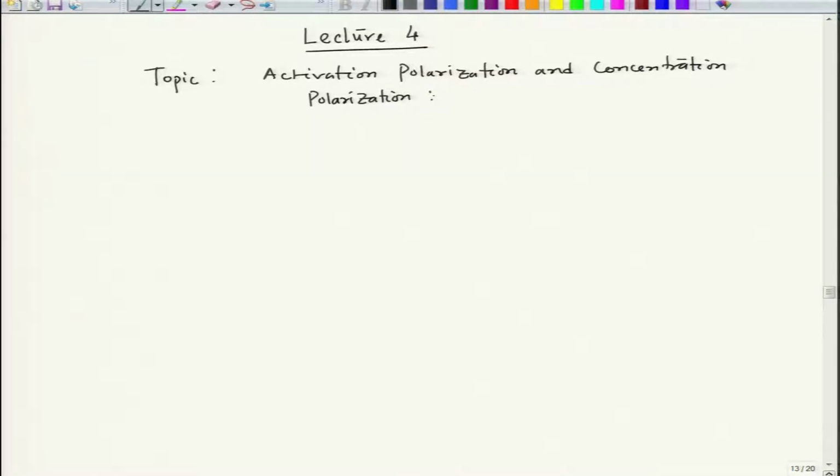Now we will try to get into mixed potential theory. We have already talked a little bit about mixed potential theory at the end of lecture 3.